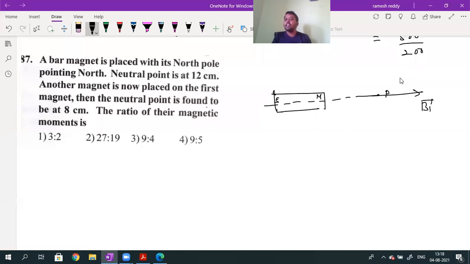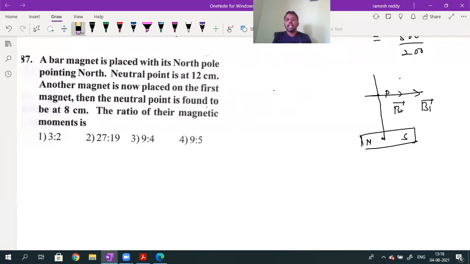When I consider the point P on the equatorial line, the magnetic field induction direction is from north to south. This is the direction of B2. On the axial line the direction is from south to north, on the equatorial line the direction is from north to south. That is the only point you need to remember.